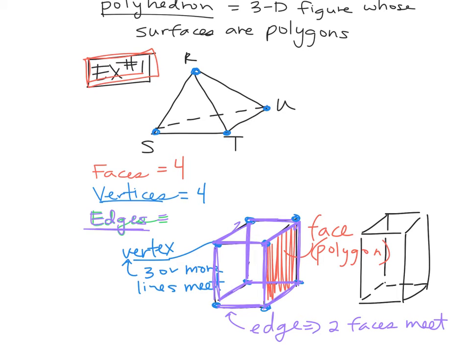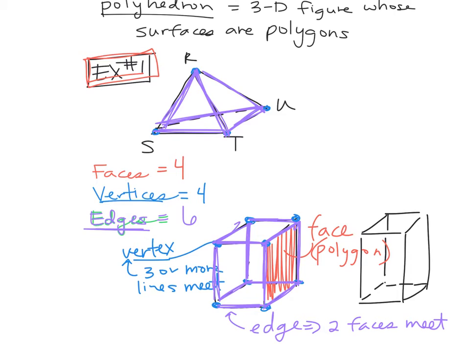That's a lot. Let's count. 1, 2, 3, 4, 5, 6. Okay, so 4 faces, 4 vertices, 6 edges.